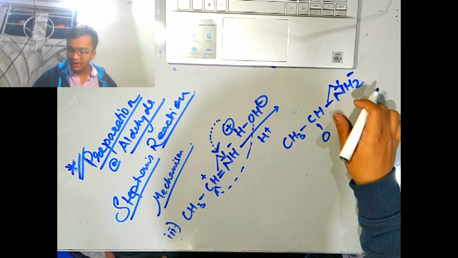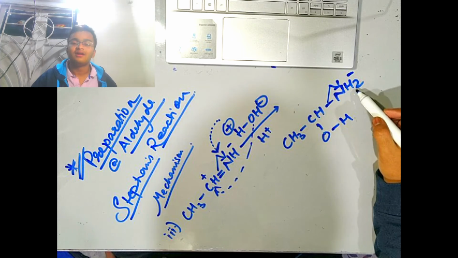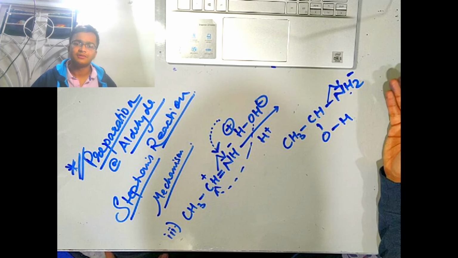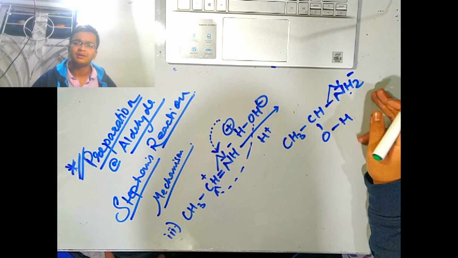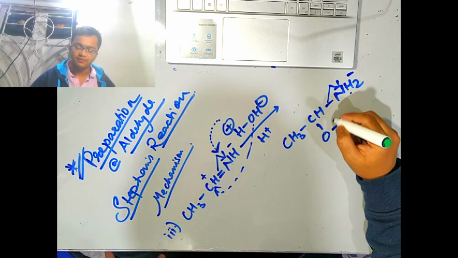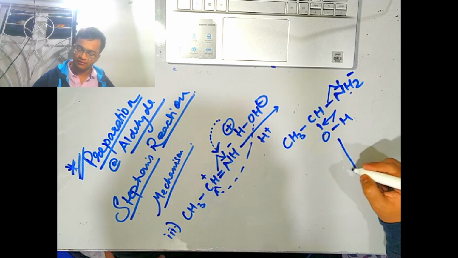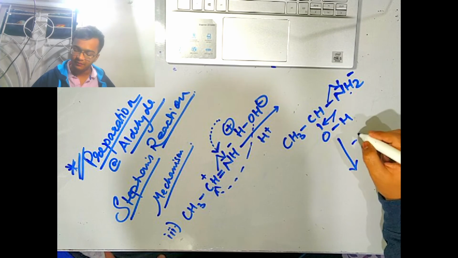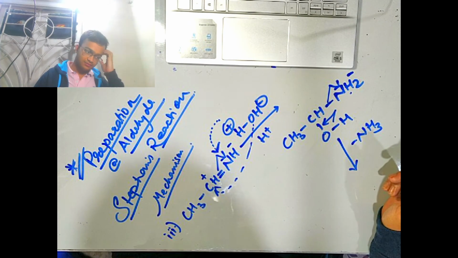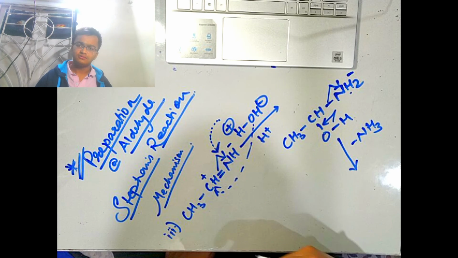Now this hydrogen is saying, okay, you take my plus charge, I am also getting a positive charge here. You keep your electron, I am getting a positive charge here, I am forming NH3. Okay, so this hydrogen is giving one electron here and going away as NH3. So NH3 is formed as a byproduct. Now what I am getting is, see, this electron is shifted to oxygen, right?